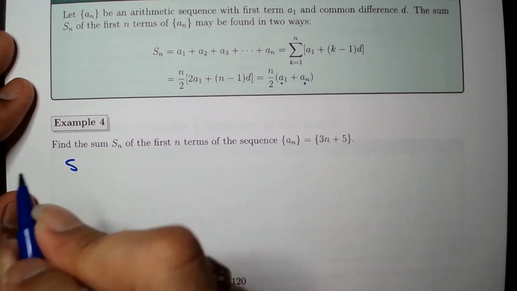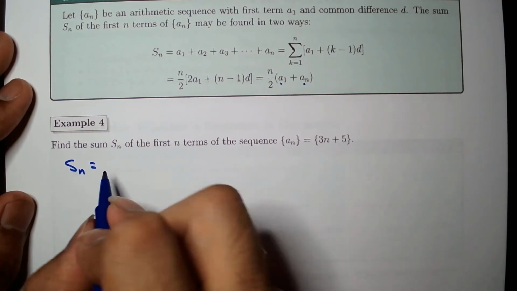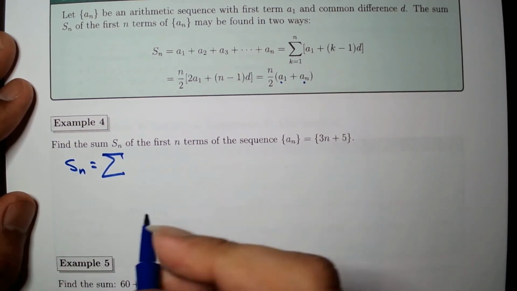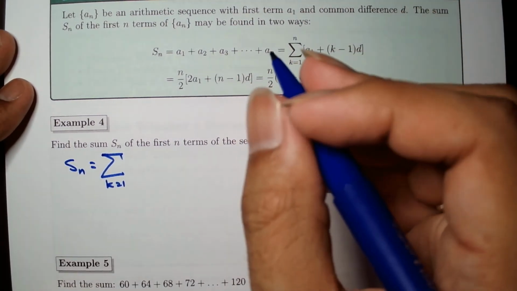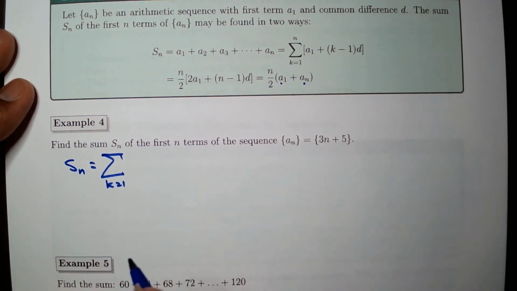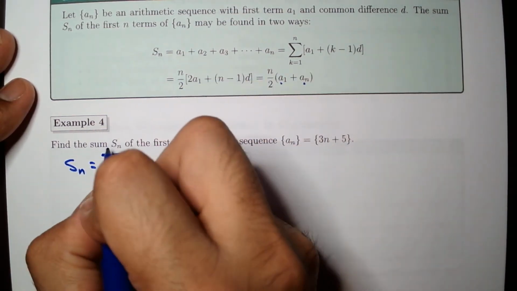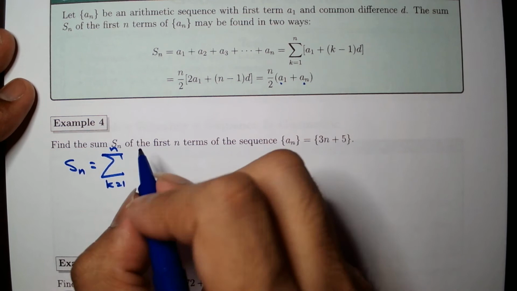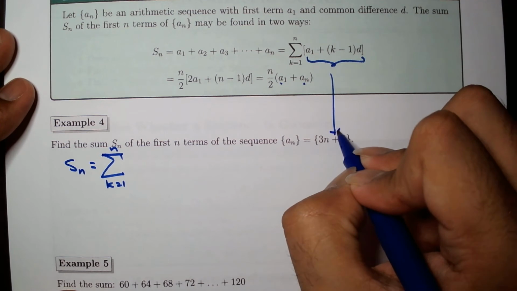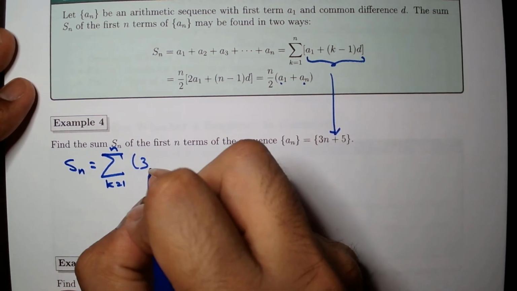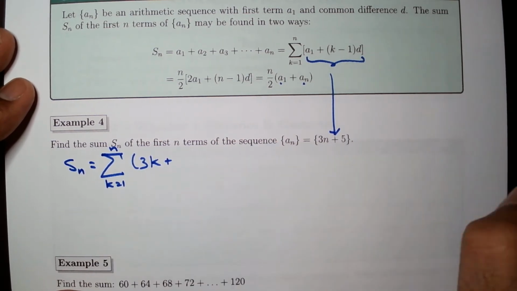S sub n equals the sum, sigma k equals 1 to n, of the expression that we are given, which in this case is 3k, we changed the dummy variable, plus 5.